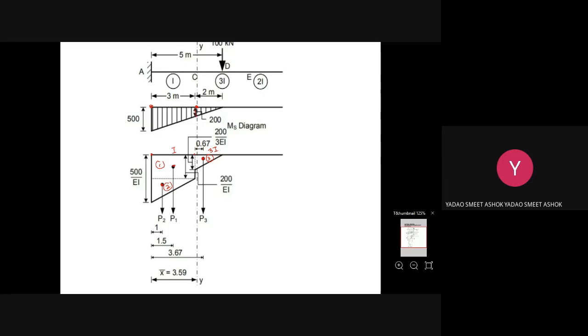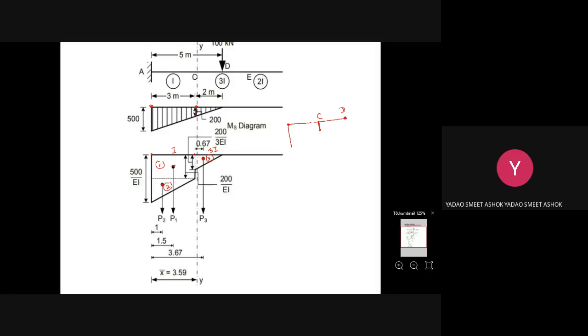After plotting this MS diagram, we plot the MS by EI diagram. This will be your MS diagram. At this point, the moment is 500, at this point the moment is 200, and at point D, the moment is 0.